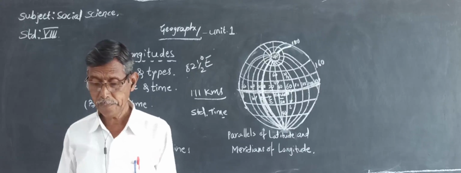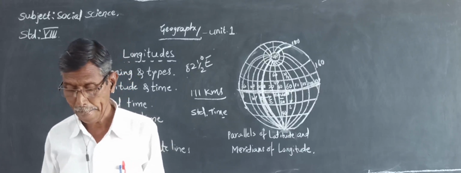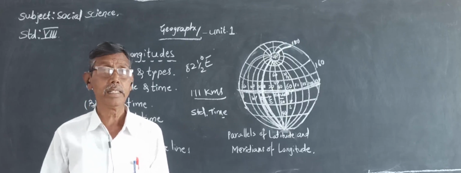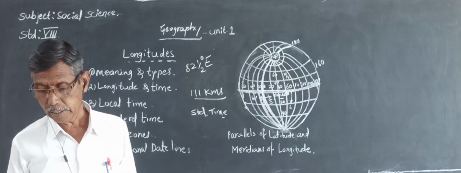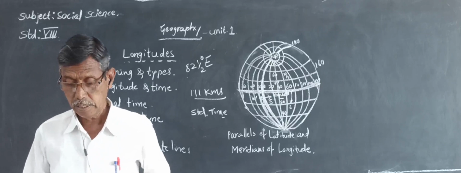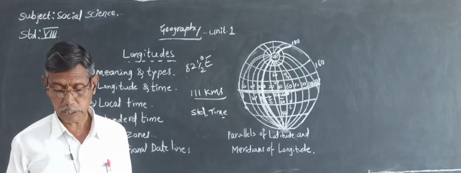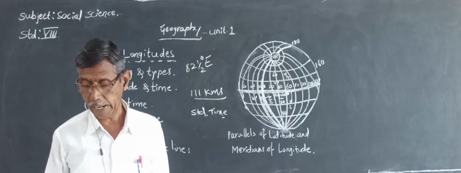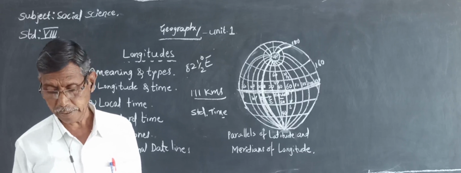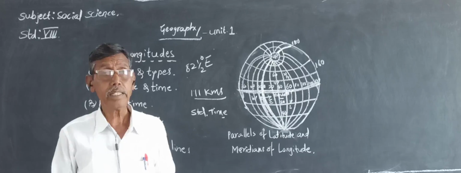This line is supposed to pass through the Pacific Ocean along the 180-degree meridian, but it makes short detours in order to avoid land masses. This is called the international date line, because the day and date change whenever people cross the line.